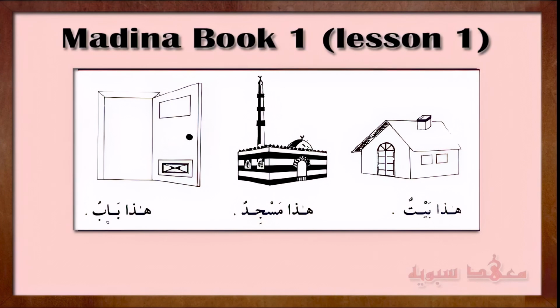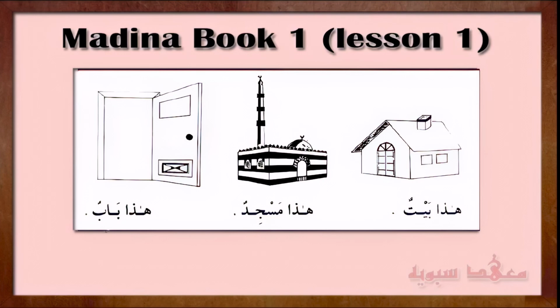They're all indefinite unless you're talking about a specific entity. When you're indicating them by using hadha, you're pointing to what entity they are. That this is a house, this is a masjid, this is a door.